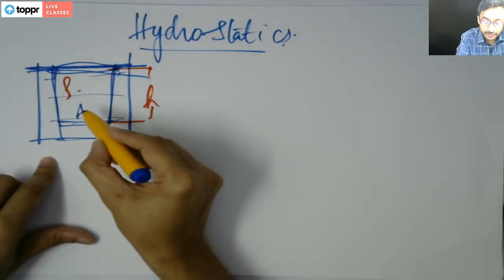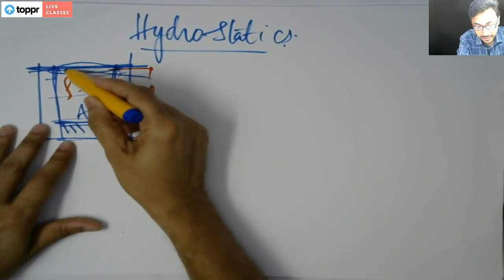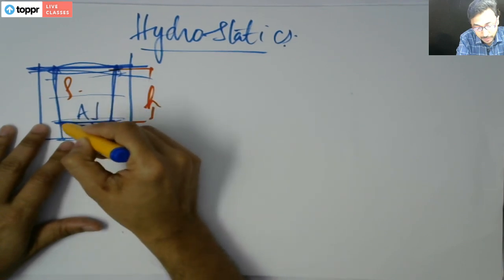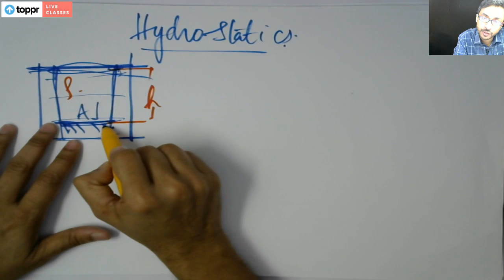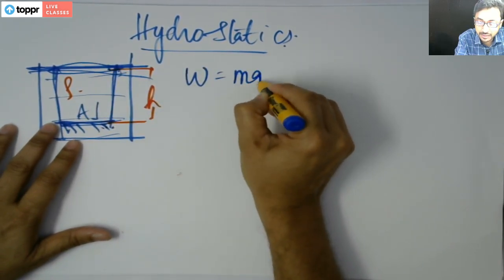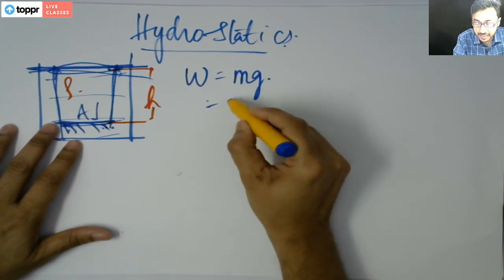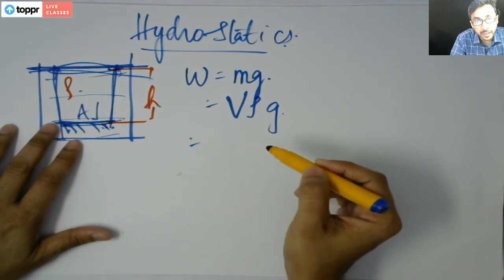So, what will be the pressure at this cross-section area? It is nothing but the force per unit area. Force at this base is nothing but the weight of the liquid. Now, what is the weight of the liquid? Weight is nothing but mass into gravity. Now, mass is nothing but the volume into density. What is the volume?